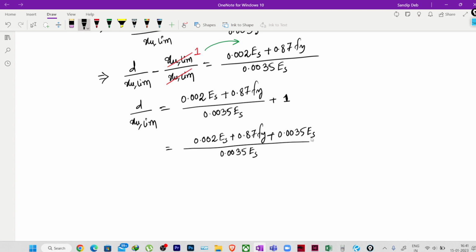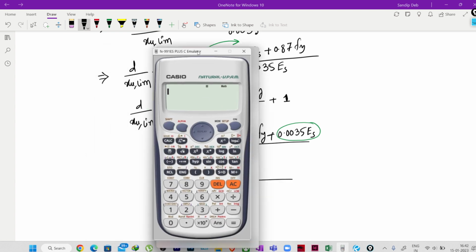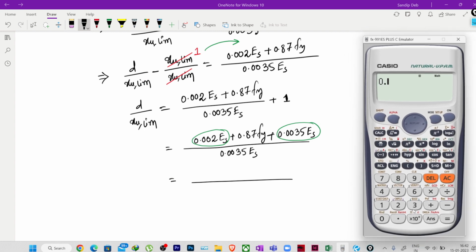0.0035 ES. Okay, now you can see we have two terms, this 0.002 ES and 0.0035 ES. So if we add them, how much will we get? Let me just check. 0.0035 plus 0.002.